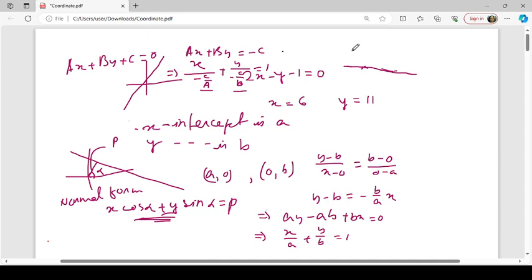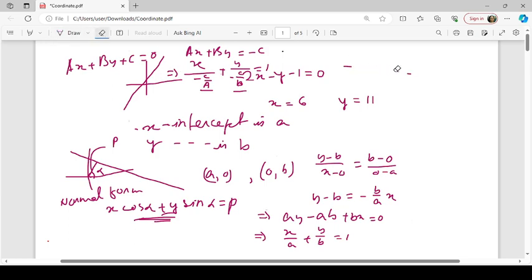And for the normal form, what we need to do, it is ax plus by plus c, so we need to write a by root over a square plus b square x plus b by root over a square plus b square y is equal to minus c by root over a square plus b square.